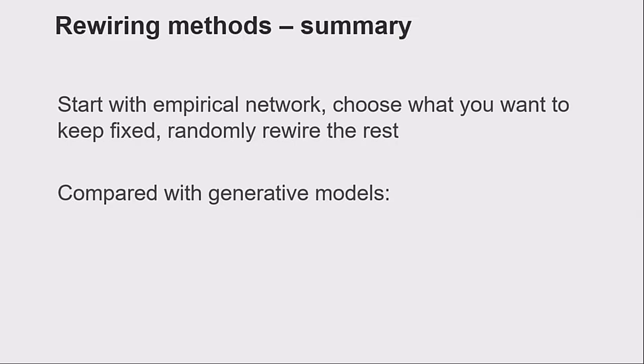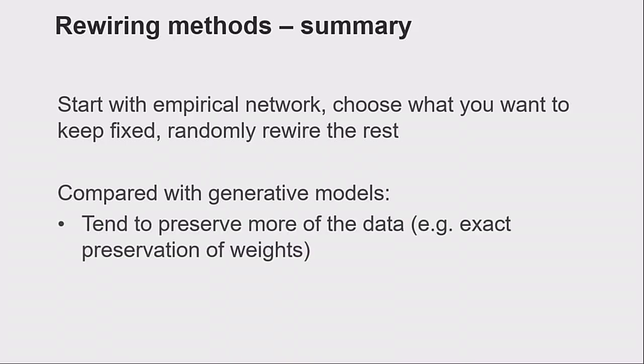So, for rewiring methods, you can start with an empirical network, choose what you want to keep fixed, and then randomly rewire the rest. Compared to generative models, these tend to preserve more of the data, because, for instance, you'll have preserved the exact set of weights rather than generating fresh random ones each time.